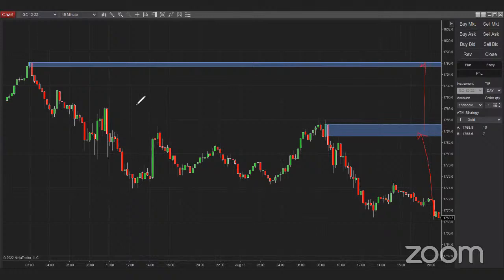Because guess what? The institutions bought the market here. So these buy orders are still open in the market. At some point, the market has to return to mitigate or close out most of these buy orders.